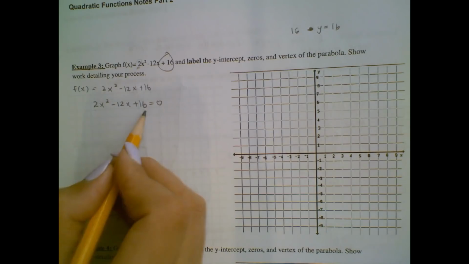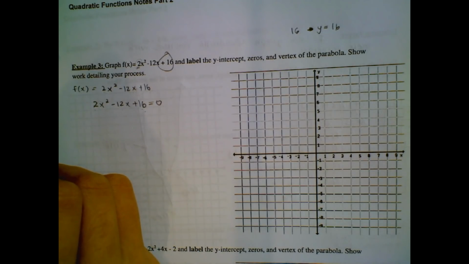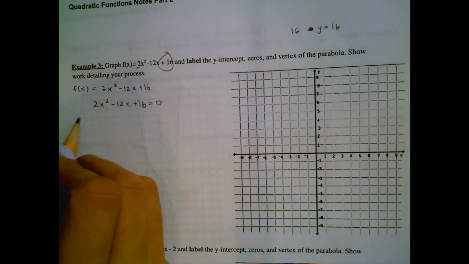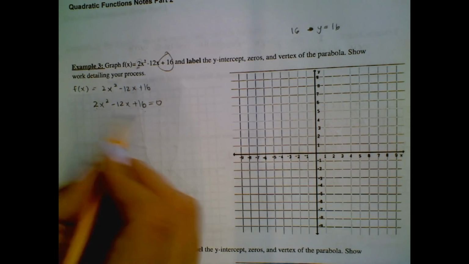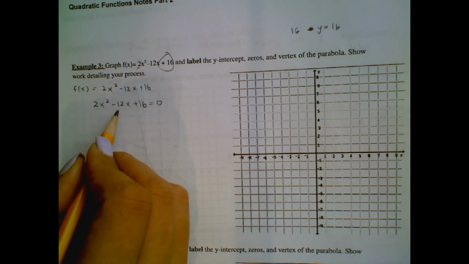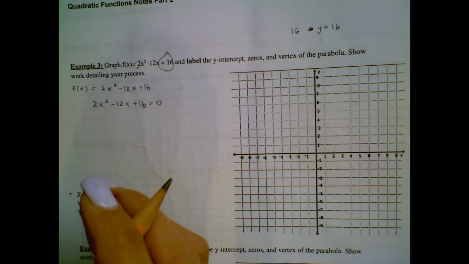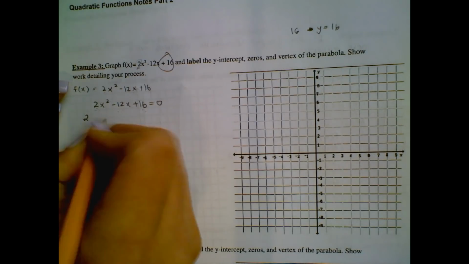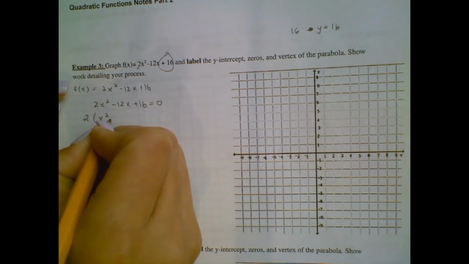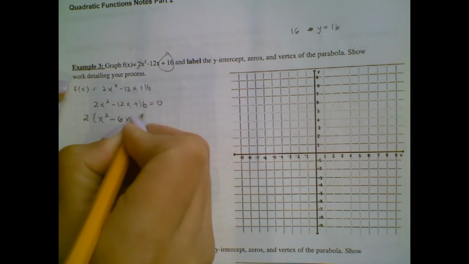And if I factor out the 2, I could make my box method faster. Basically, if I don't do that, I'm going to have to do more work, because then what I'm looking for is factors of 32 to add up to give me -12. That's not too bad. But let's go ahead and already pull out a 2 just to make life easier. So then that's -6x, and then this is going to be +8.